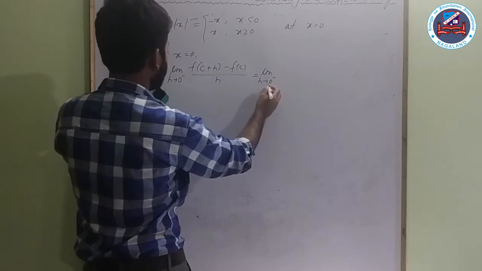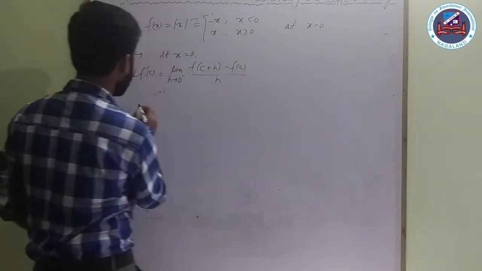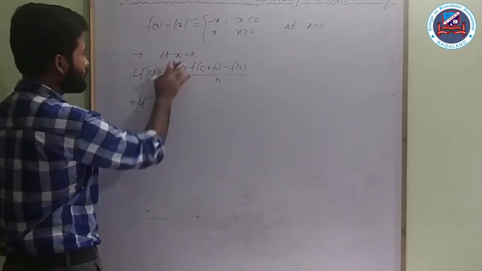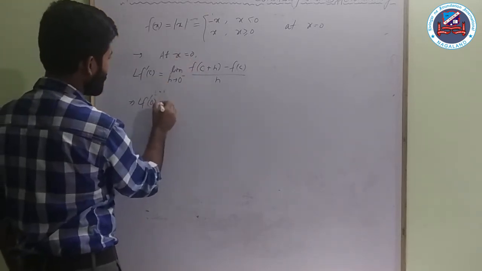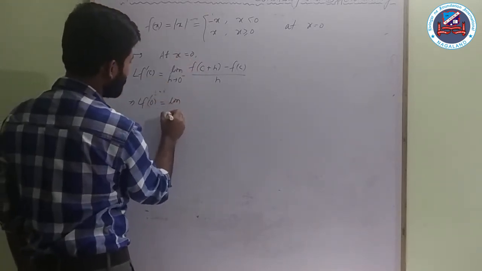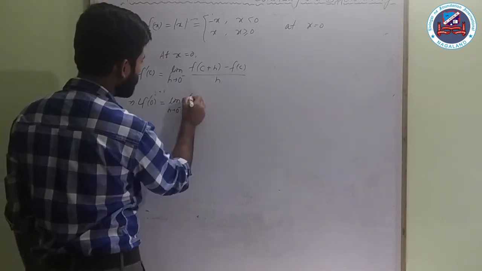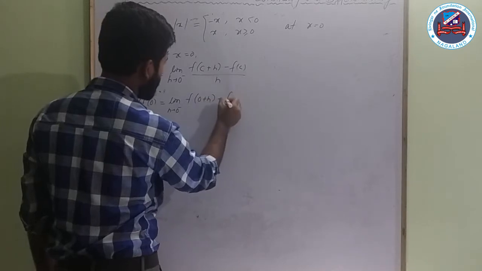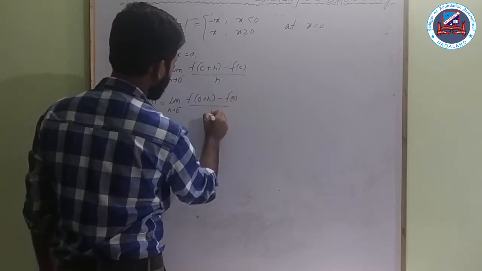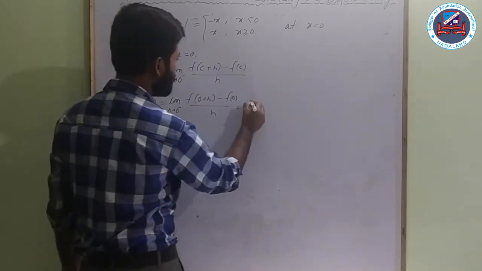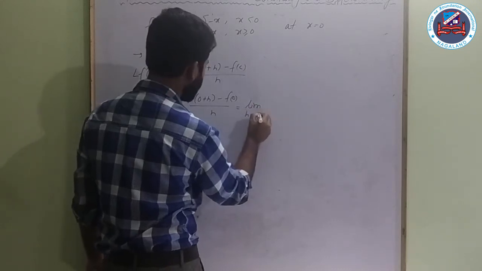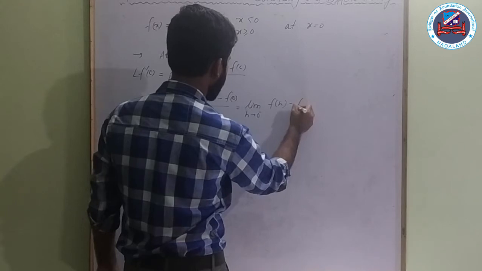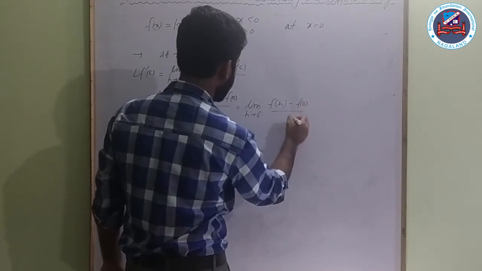Now in the next line, what is our C? C is 0 at x equal to 0. So it will be limit h tends to 0 negative of f of 0 plus h minus f of 0, divided by h. That is equal to limit h tends to 0 negative of f of h minus f of 0, divided by h.